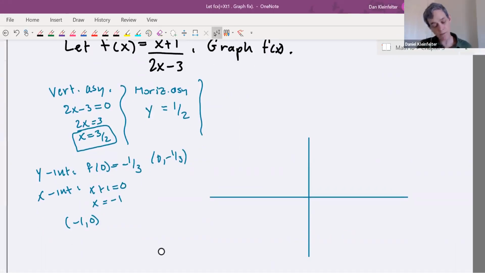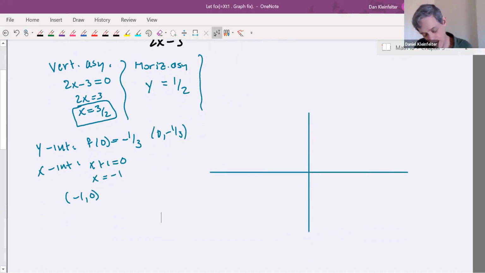So important points are at like 1s and 2s maybe. So we could just scale our axes to like 2, right? Maybe 3 in both directions. As long as you make the 2 number lines equally spaced, your picture will look decent.